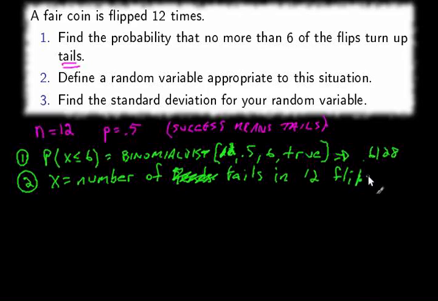So this is a variable. It varies from 0 to 12. Okay, and number 3, we find the standard deviation of that random variable.